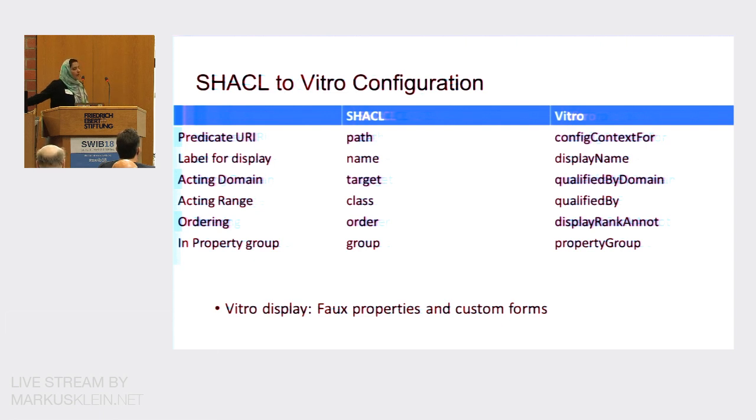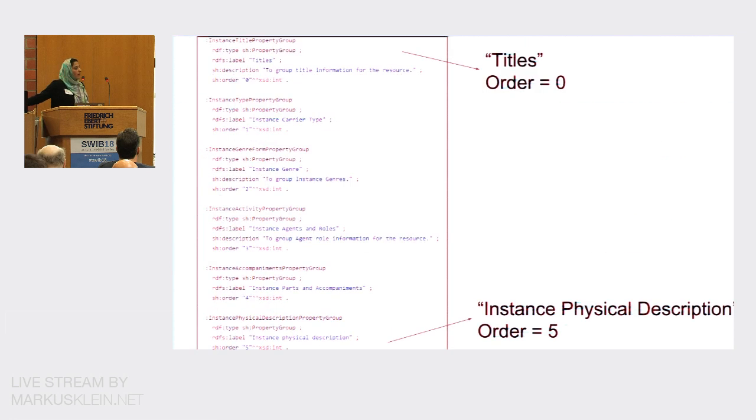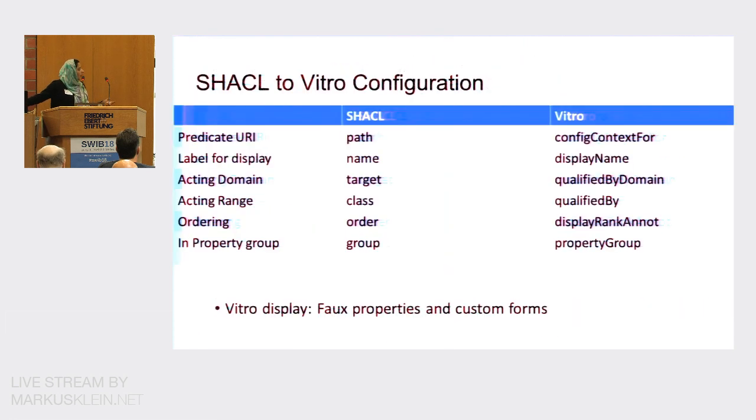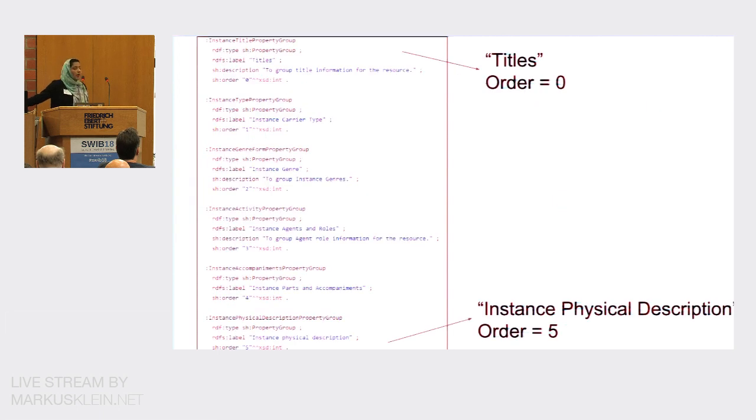So I want a property to be labeled a certain way on the form. I can then use that and map it over to the equivalent functionality within Vitro. I want properties to be grouped a certain way. I can take that information and put that in the Vitro configuration. So this is an example of property groups, or I'm going to go through one example to show you exactly what we're talking about.